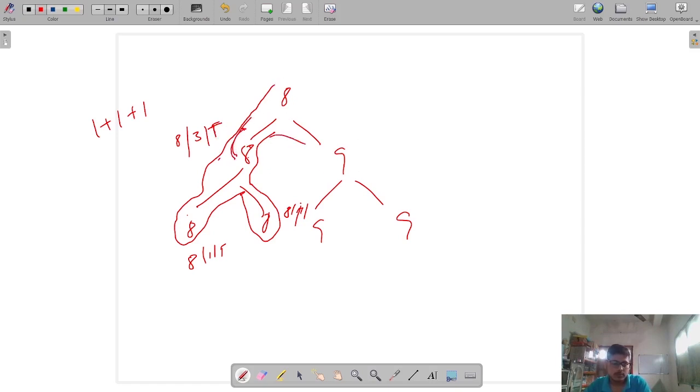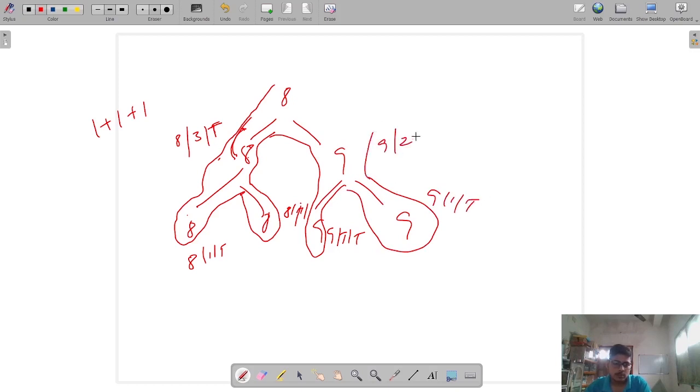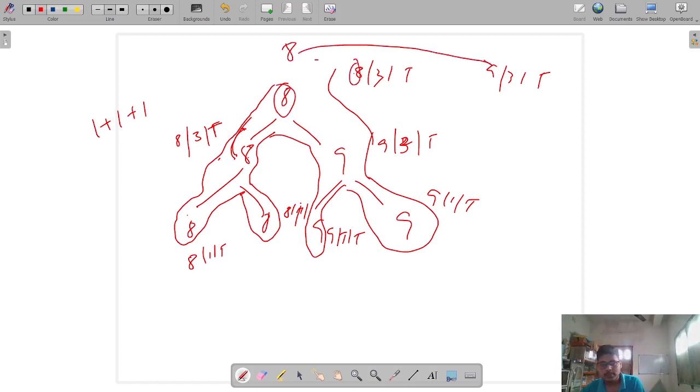So we will traverse like this, 9 1 true, 9 1 true, we will return 9 to 3 and true, and we got 8 3 true from left and 9 3 2 from right, but this value is 8, which is equal to 8, but this is not equal to this, right?